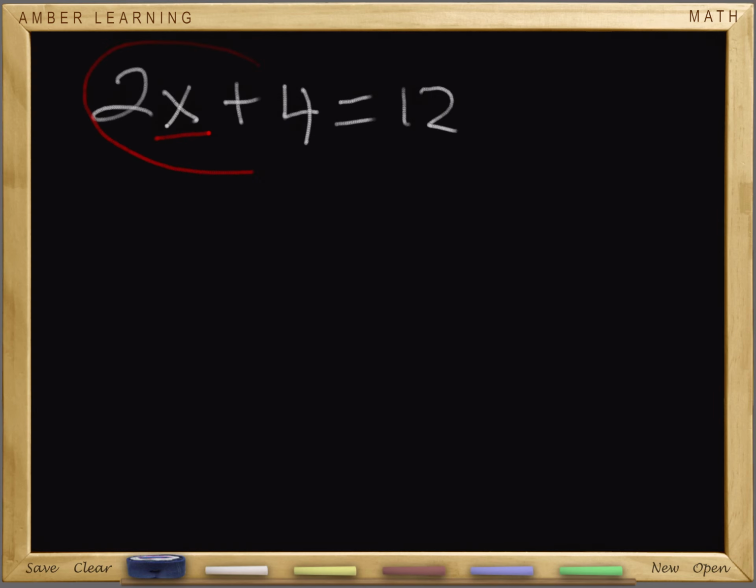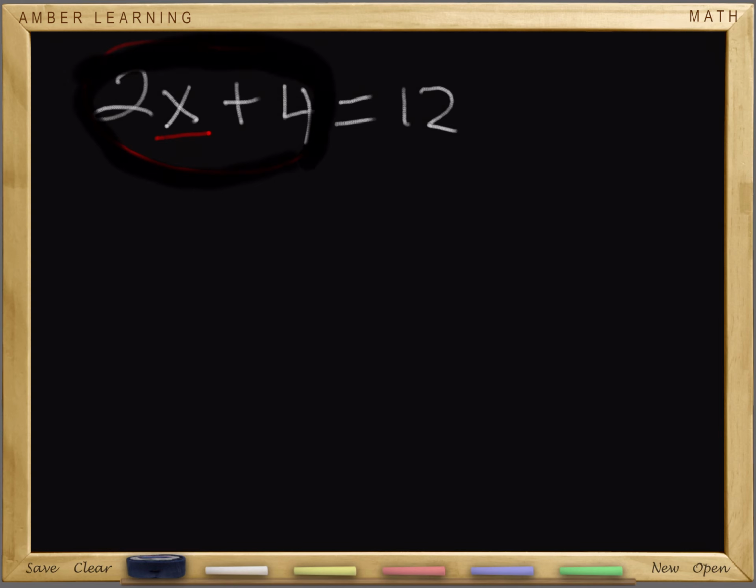If we look at this side of the equal sign, we've got a 2 latched on to the x, like a leech, and we have to very carefully pull that 2 off. But we also have a 4 in the equation, and the 4 is pretty easy to deal with. All we have to do is get rid of that 4 on that side of the equation.